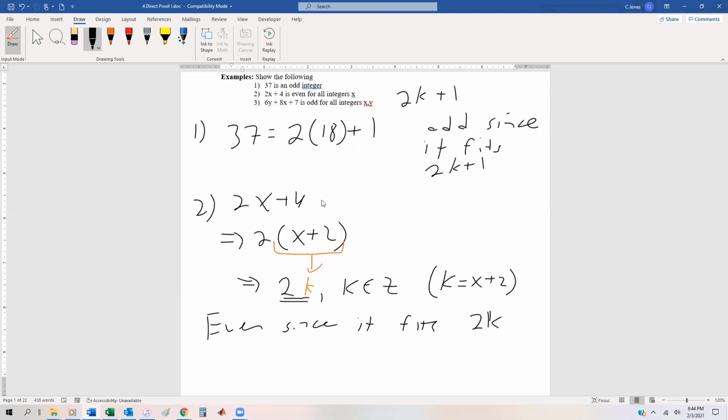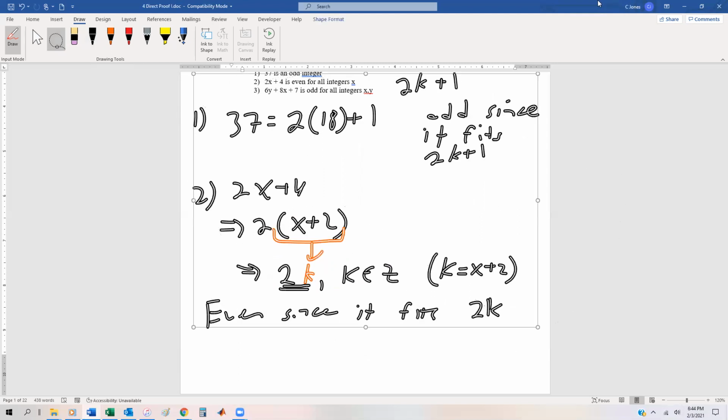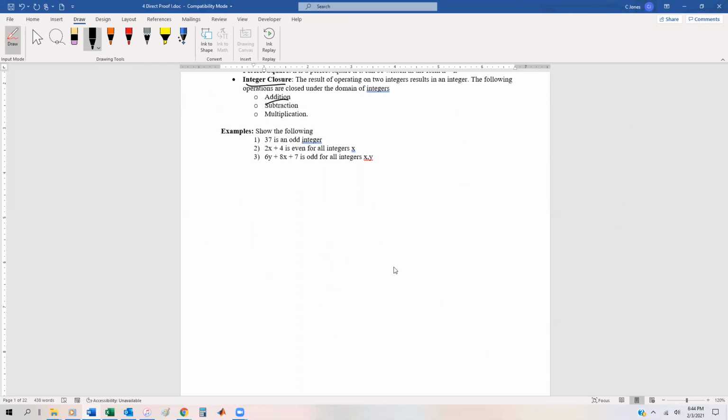And then finally, we have this other one, 6y plus 8x plus 7. Now, this is a sneaky one, because we're going to have to do something we might not think to do to verify that this is indeed odd for all integers. Let's rewrite this as 6y plus 8x plus 6 plus 1.